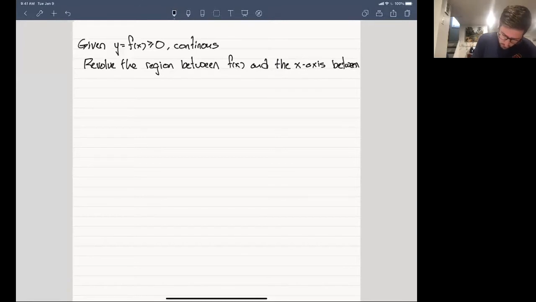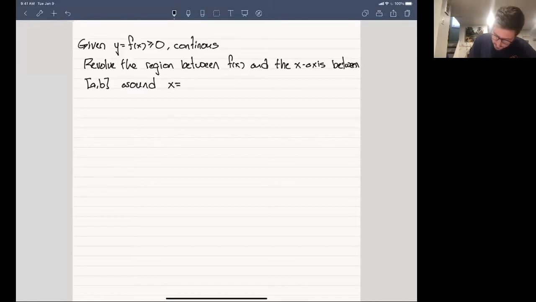We've seen it over and over again, A and B, around let's say some vertical line x equal to L.